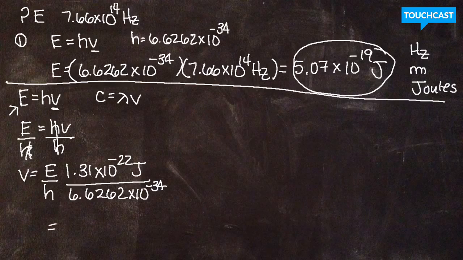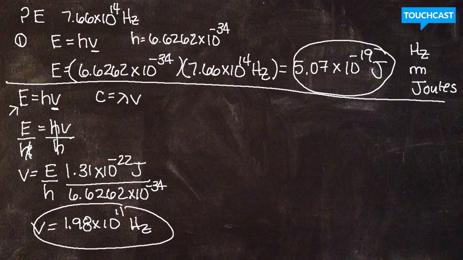And that's going to give us 1.98 times 10 to the 11th, positive 11 hertz. So that gives us V.